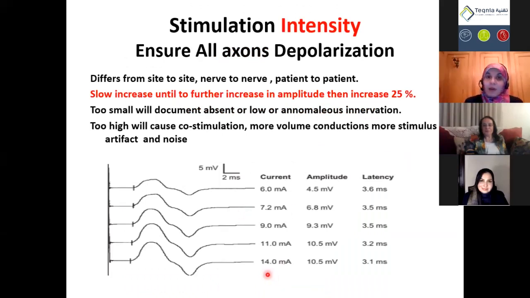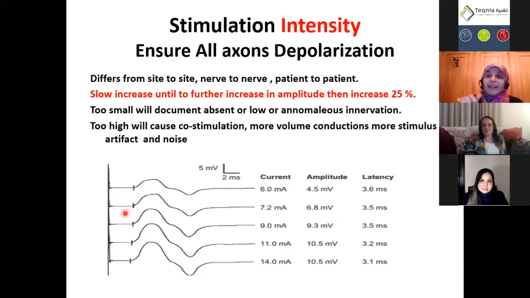For the stimulus, we are now talking about the stimulation and how it affects the technical part. For the stimulation, the intensity also is a parameter. We want to ensure that all axons are depolarized, because as you can see here, you can interpret this as a pathologically low amplitude response, while actually you are not giving enough stimulus intensity.